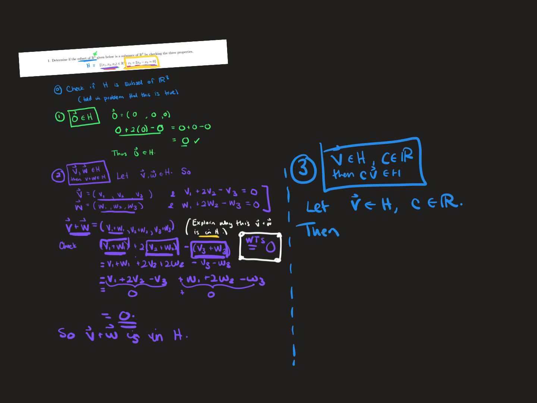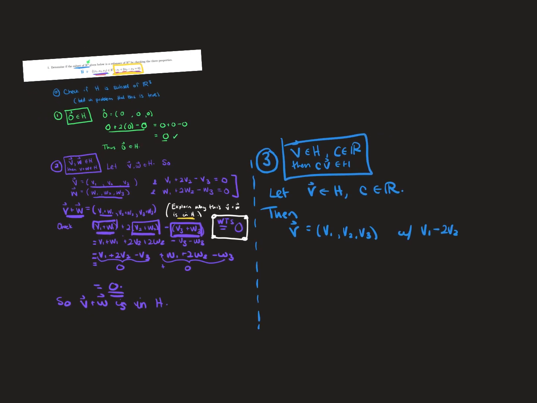Then, because v is in the set, v has to equal v1, v2, v3, with v1 plus 2v2 minus v3 equaling 0. So then cv is equal to cv1, cv2, cv3.